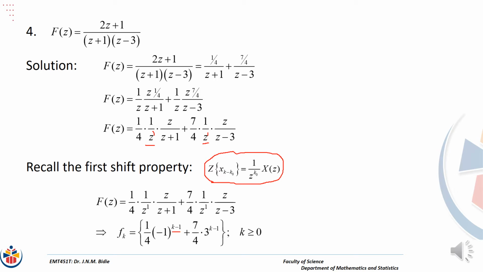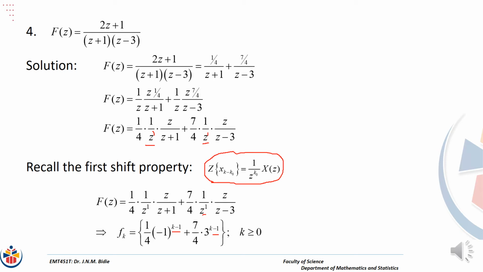Once again, for the second part, we were supposed to have 3 to the power k, but because of that term, we end up with 3 to the power k minus 1. I need you also to realize that negative 1 to the power k minus 1 is the same as negative 1 to the power k multiplied by negative 1 to the power negative 1.